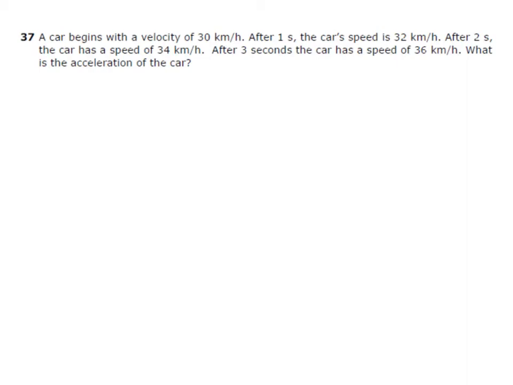All we really need to do is look at our formula for acceleration. Acceleration is equal to change in velocity divided by change in time. So let's pick any of these two points.